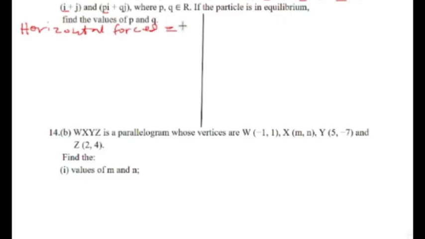equals 0. So I'm going to have 2 plus 4 plus the coefficient of i there is 1. Okay, I missed 1, I missed -5. So let's write it in sequence: 2 plus 4 minus 5, plus 1 plus P, everything equals 0.